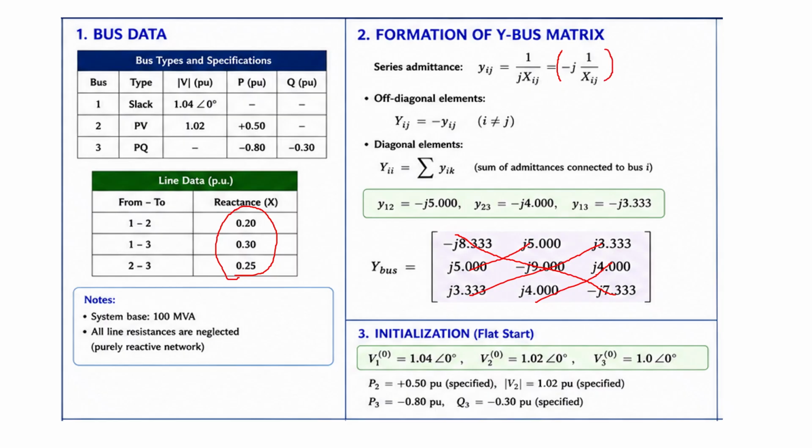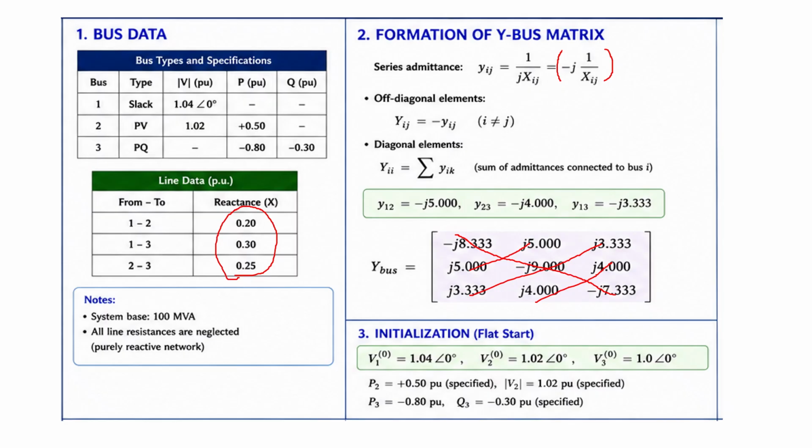So the off-diagonal is obtained by taking the inverse of the impedance, with a negative sign. So here we have minus 5, and again minus 5. Y31 is from 1 to 3, minus 3.3. If we take the inverse of that, it becomes 3.3. So Y31 is similar. Like that, we perform this Y bus. It's very simple and straightforward.